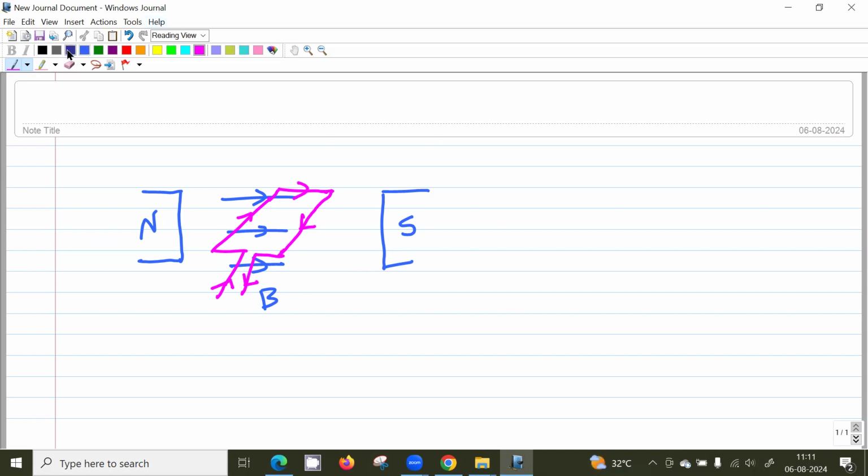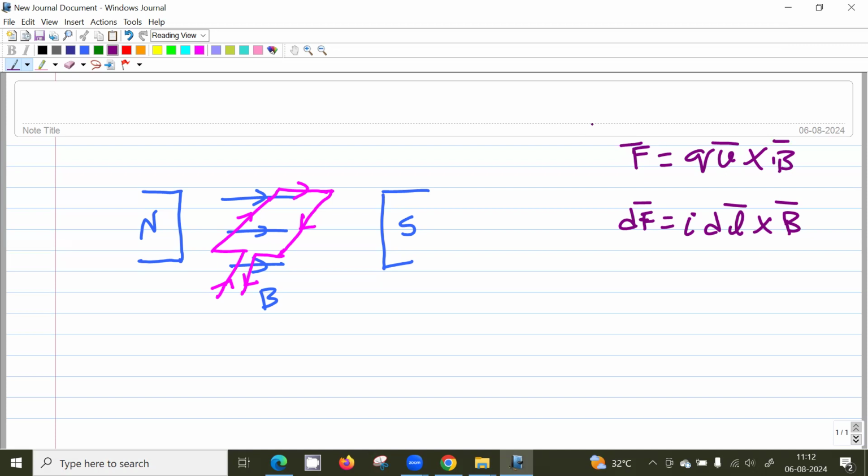The force on a current carrying conductor is given as F equals I dl cross B. This comes from the force on a moving charge, QV cross B. This force is called the Lorentz force, and this comes from experiments.